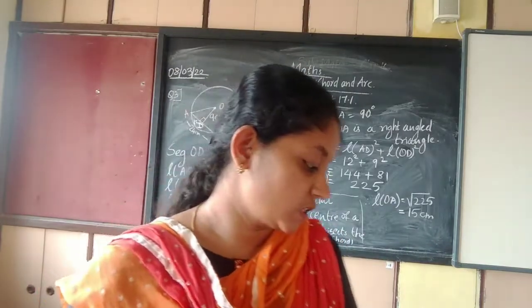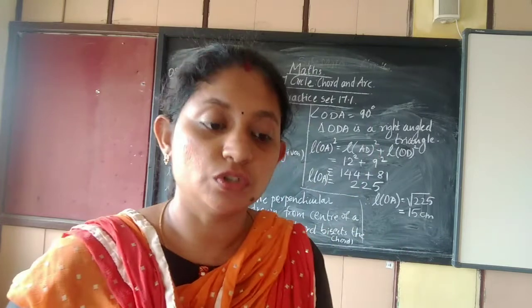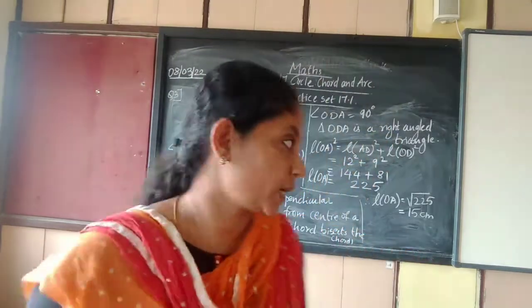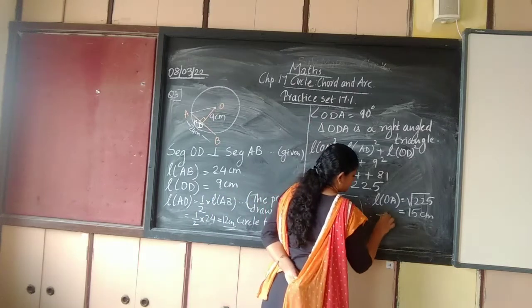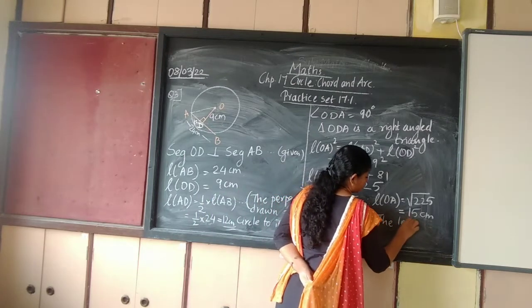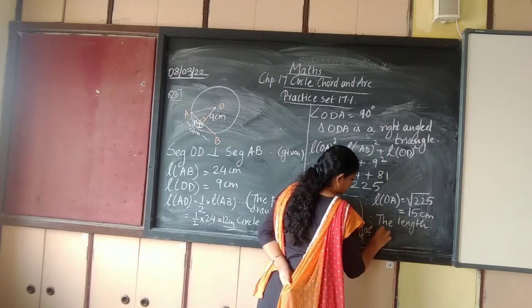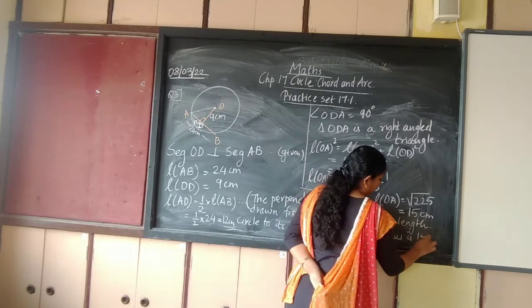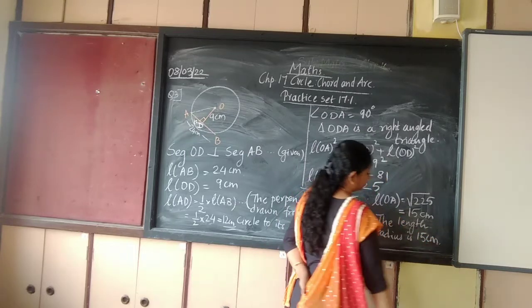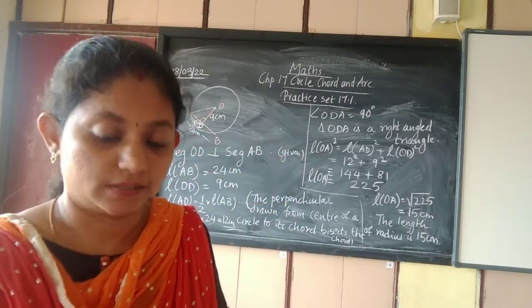They just asked us to find the length of radius. So in the final answer also we should write the length of radius. Okay. So write down the final sentence. Therefore, the length of radius is 15 centimeter. So this sentence will be your final answer.